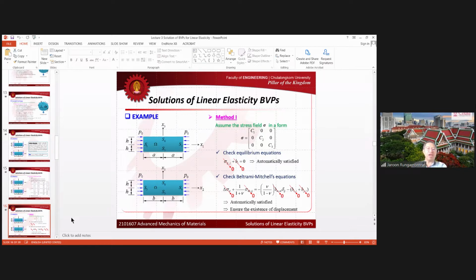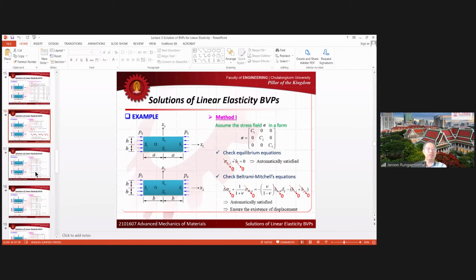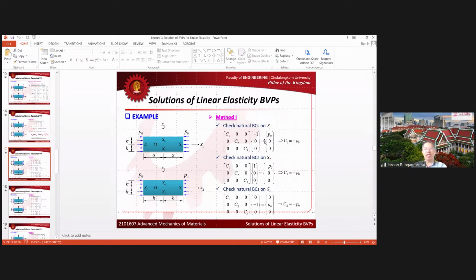If you do it that way, finally you can conclude that C4, 5, and 6 here are 0 based on the boundary condition. Because if you want to satisfy the boundary condition like this, let's say that you don't have 0 here. Let's say that you have C4, C5, C6. Okay. So yes, based on the boundary condition, you will see that C4, C5, C6 have to be 0.